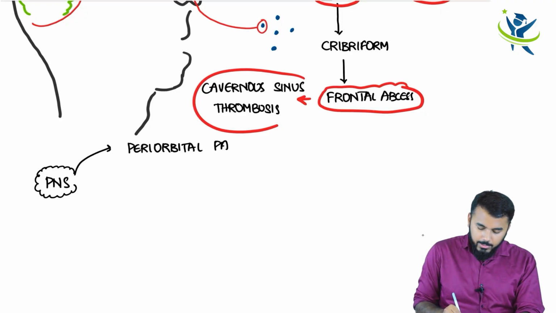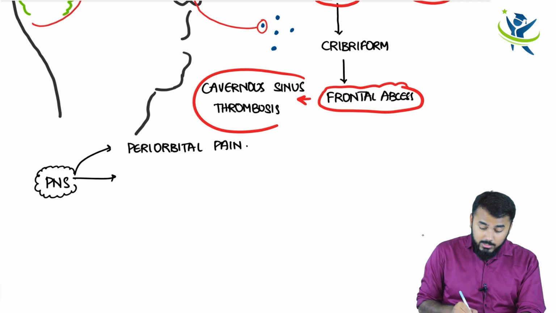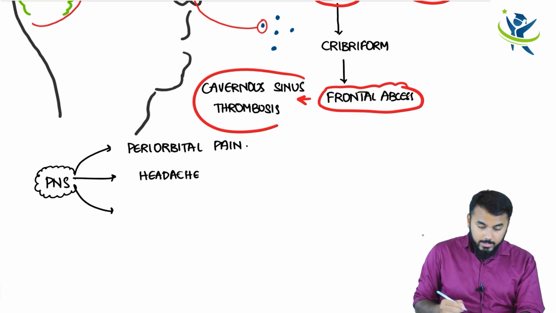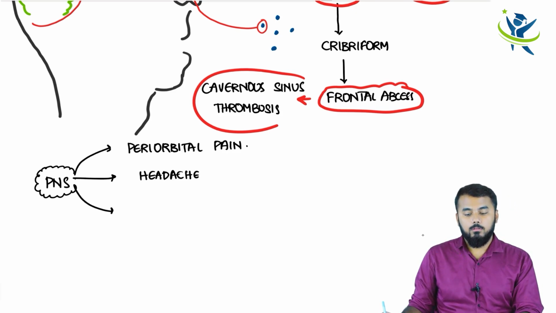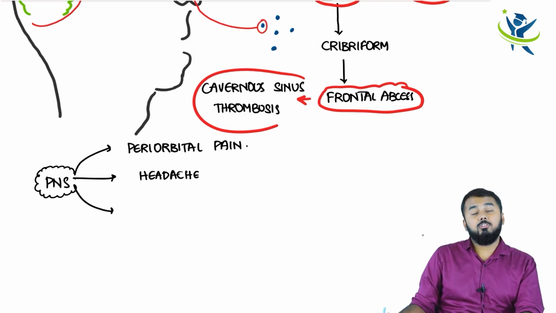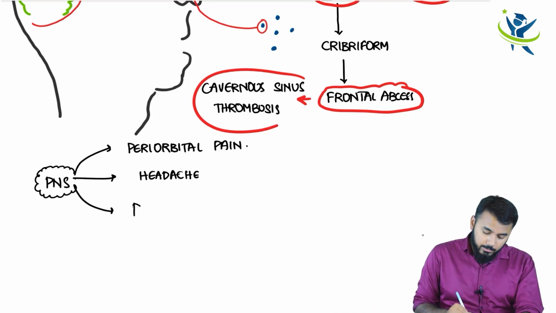Very severe periorbital pain. The patient will also have severe headache. Not only that, when there is excess inflammation or infection in the sinus, there will be purulent nasal discharge.